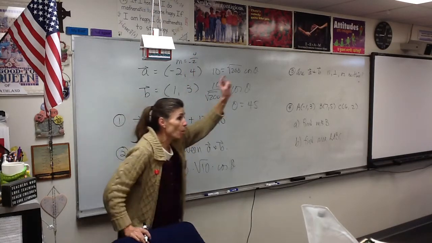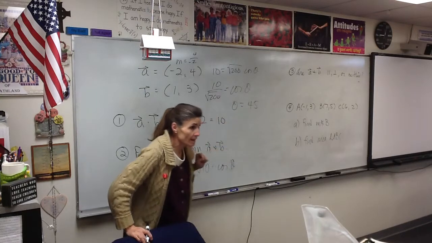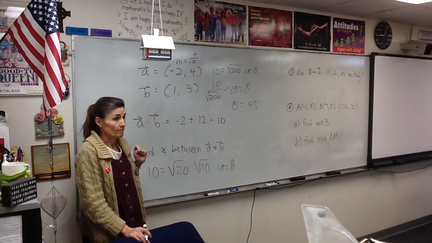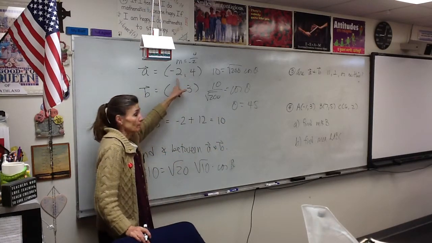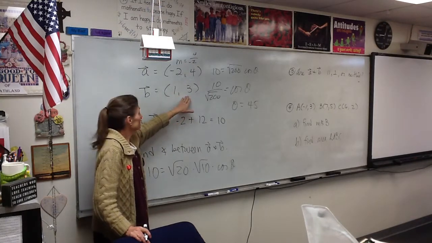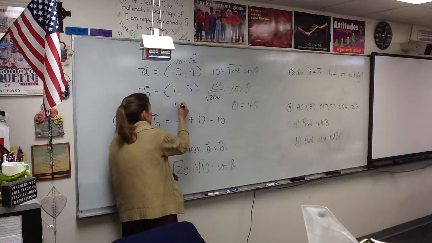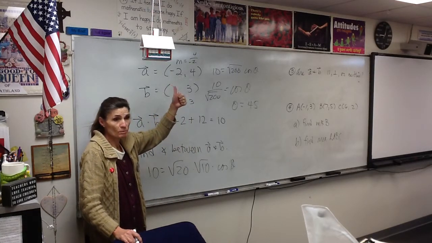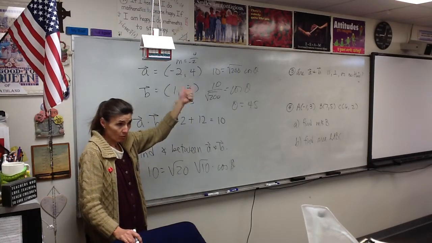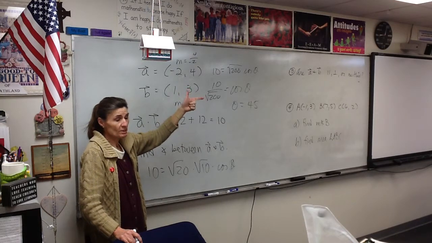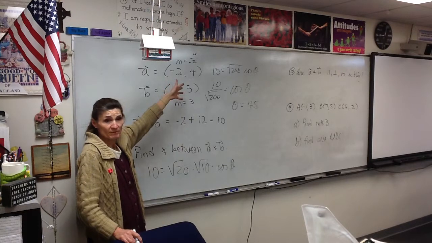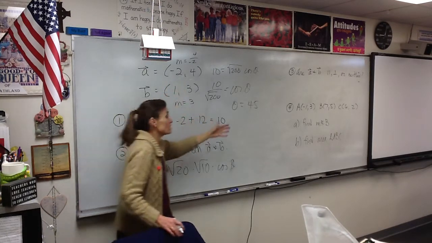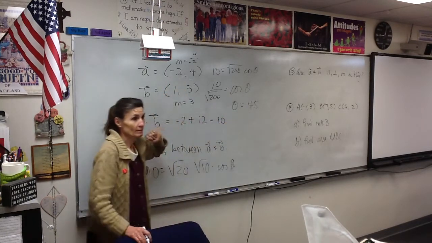Remember, slope is y over x. What's the slope of this one? 3. Tell me about these two vectors. Parallel? No. The slopes aren't the same. Orthogonal? No. The slopes are not opposite reciprocals. Therefore, these are two random vectors that have an actual 45-degree angle between them.